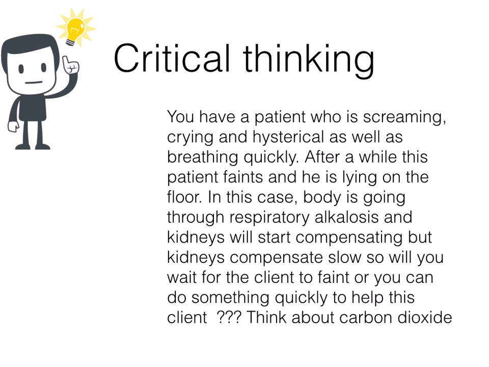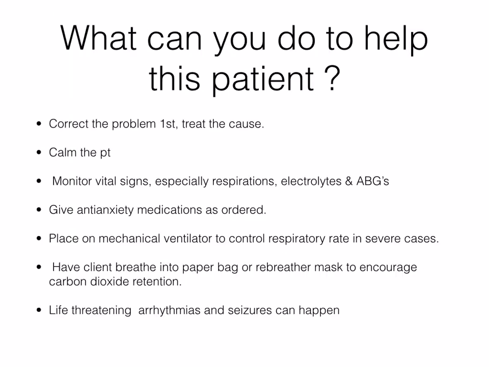So how will we help the patient who is going through respiratory alkalosis? We will correct the problem, calm the patient, and monitor vital signs, especially respirations, electrolytes, and ABGs. We can give some anti-anxiety medications. We can put the patient on a mechanical ventilator to control his respiratory rate.